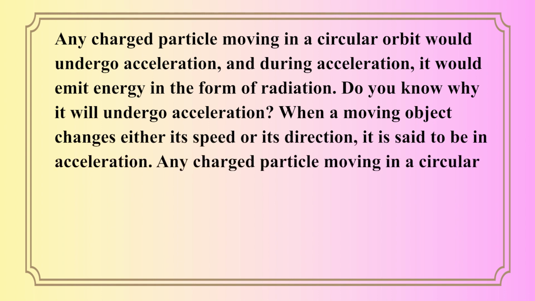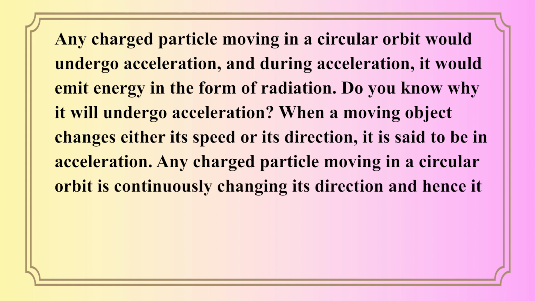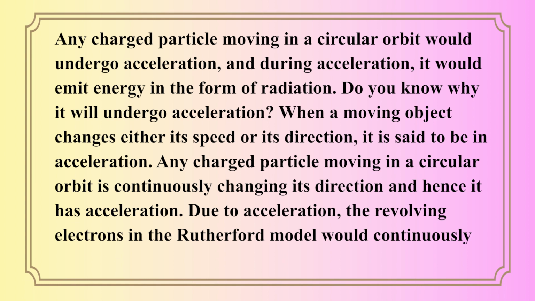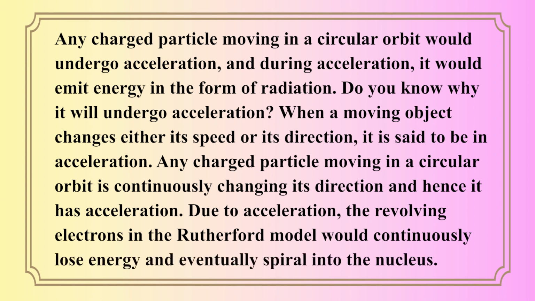When a moving object changes either its speed or its direction, it is said to be in acceleration. Any charged particle moving in a circular orbit is continuously changing its direction and hence it has acceleration.